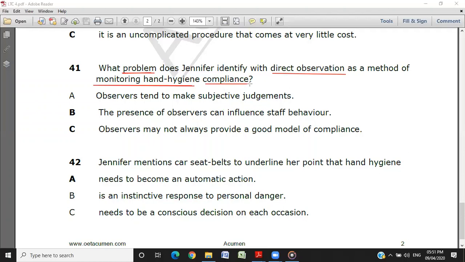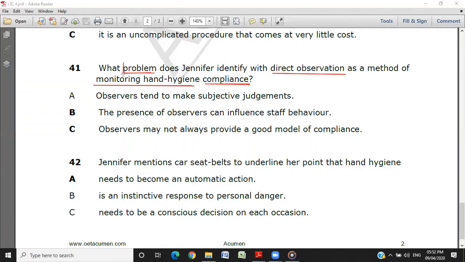So here it is about the compliance of healthcare professionals, because hand hygiene, when it comes to its practical usage, is about how sincerely the healthcare professionals are following hand hygiene. Now, if you wanted to monitor, one way is to monitor through direct observation. Go into the wards and see if people are washing hands or not. So we can expect that in this part of the conversation, she is going to explain what is the problem.